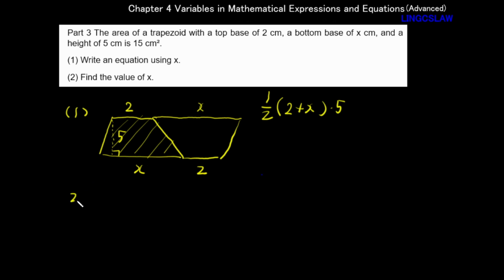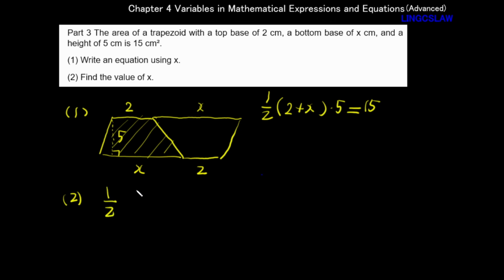And number 2, find the value of x. Equals 15. And find the value of x. So you solve this equation for x. First, let's divide both sides by 5.